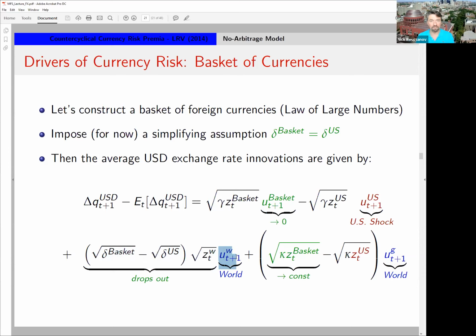Now, this might seem surprising, and in fact, it is surprising from the standpoint of some of the models that I will talk about later, because the US is the largest economy after all. How can it be average? Well, if it's not average, for example if it's the largest country and hence exposed to the biggest part of the global risk, then this delta US will be large, and larger than the average.